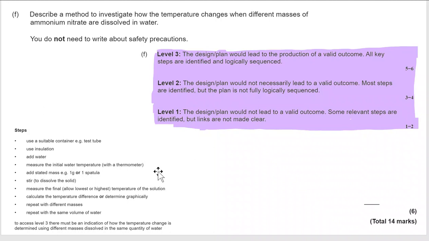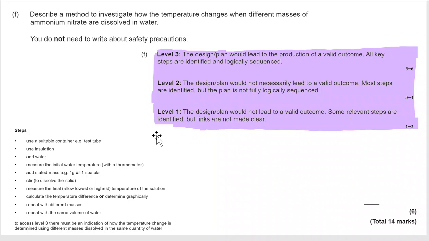Measuring the temperature at the start, because otherwise we can't measure the temperature change. Deciding on a specific amount of ammonium nitrate to add, so it might be a gram or a spatula, but we specify. And then we make sure that we talk about stirring it because we want them to mix together. We want them to get the maximum temperature rise in the shortest time.